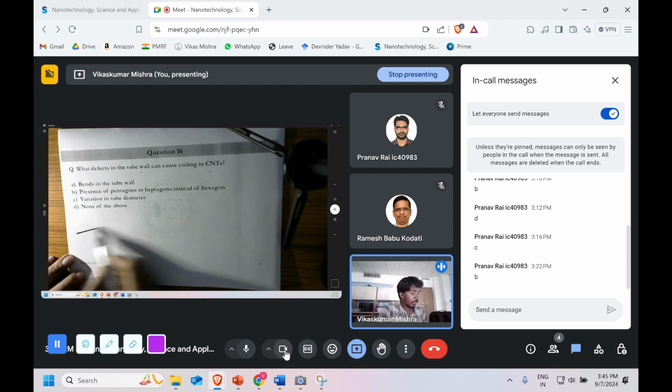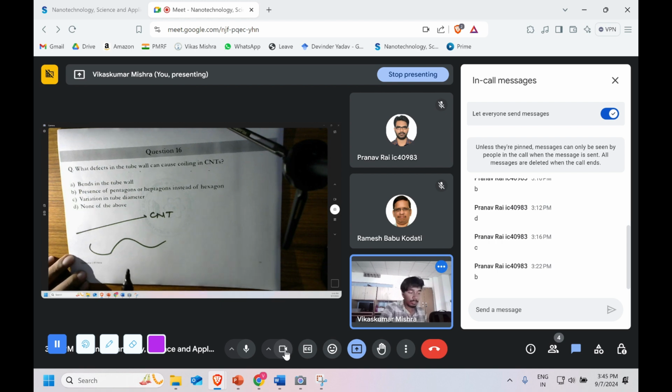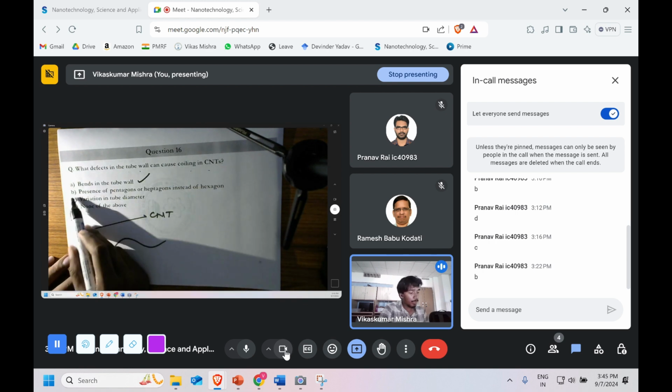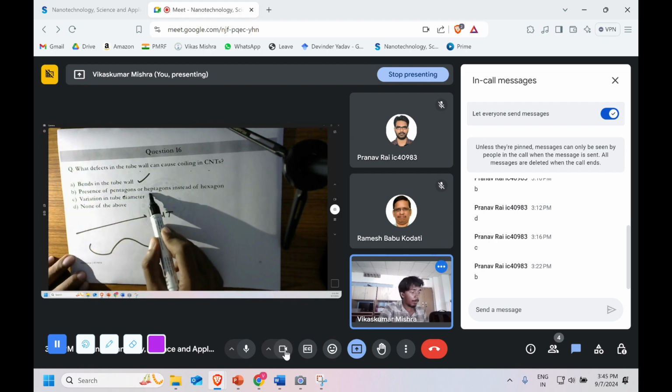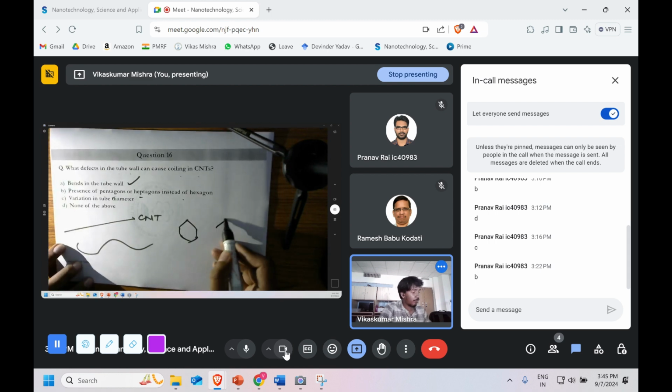We are aware that we have a straight CNT. Now, what can cause this coiling to occur? It is again a kind of defect. The options are: A, bend in the tube wall. B, presence of pentagons or heptagons instead of the hexagon.